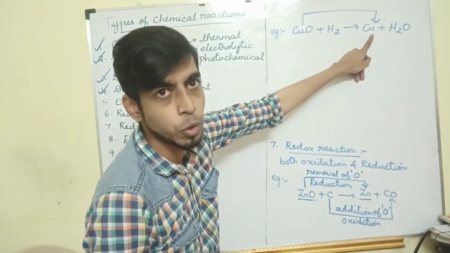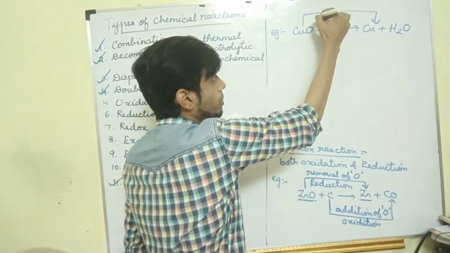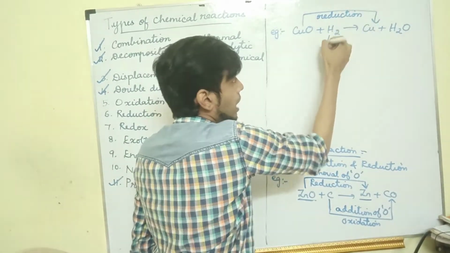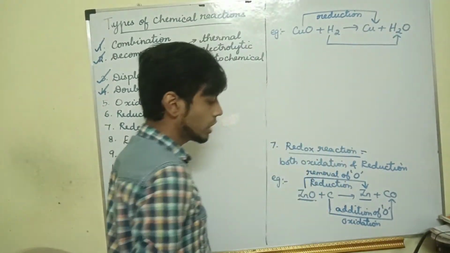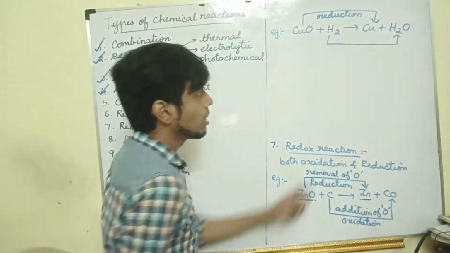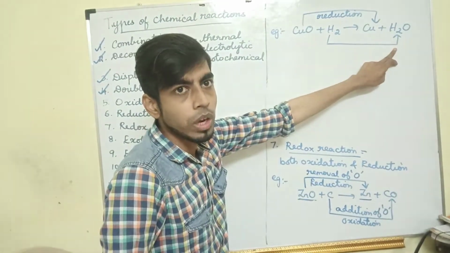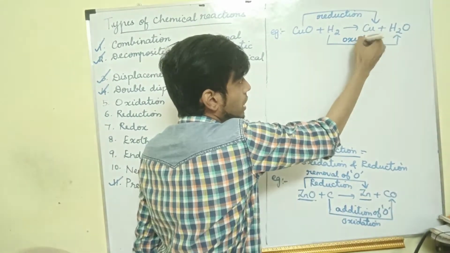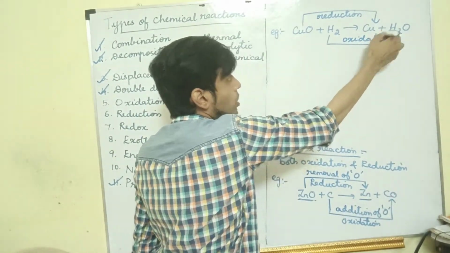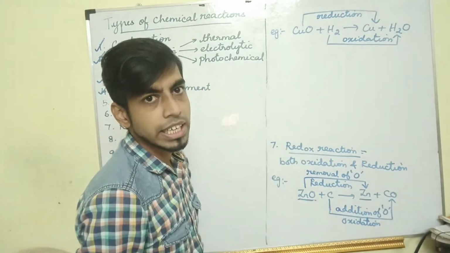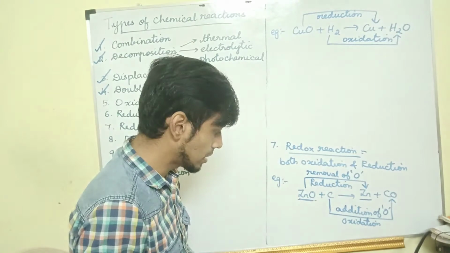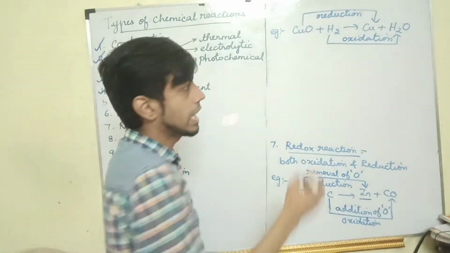Oxygen is removed. Removal of oxygen is reduction, and H2 is getting converted into H2O. So H2 to H2O, addition of oxygen. So addition of oxygen means it is oxidation. So both oxidation and reduction are taking place in this equation. So it is an example for redox reaction.